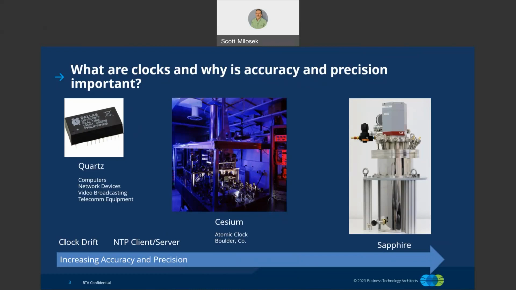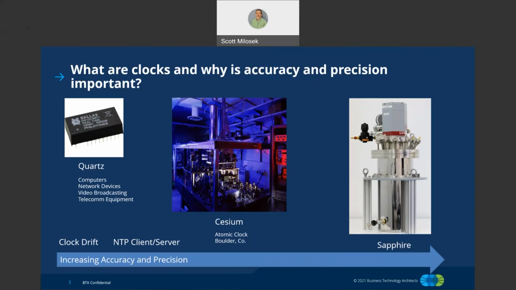This occurs because the method used to measure the time gets impacted and delayed by heat and age of the crystal. Over time, the clock can get out of sync with the actual time, and this can be problematic to several industries. We'll talk more about that in a minute.